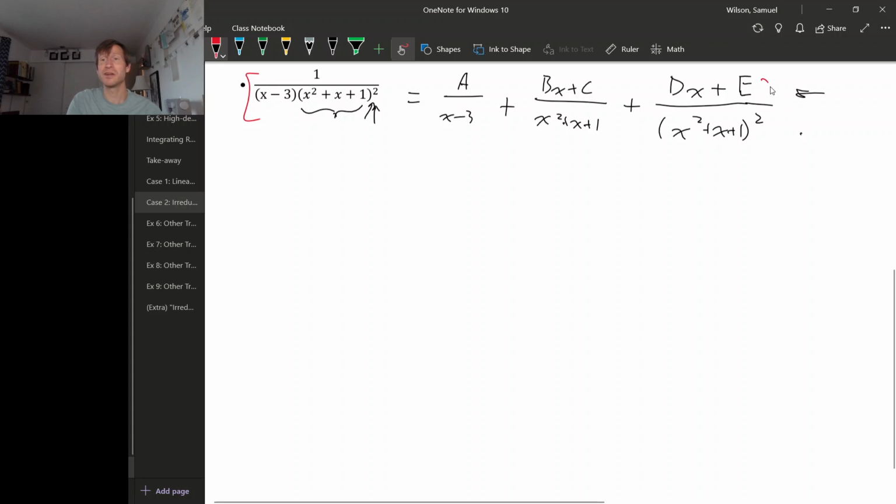Start out by clearing your denominators. So multiply both sides by (x minus 3) times (x squared plus x plus 1) squared. On the left-hand side, we get 1.